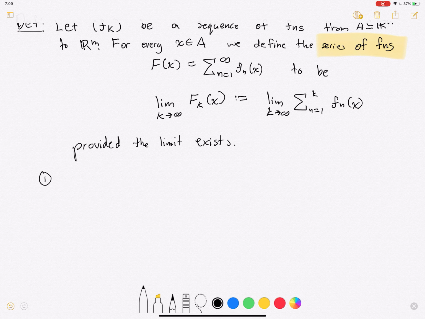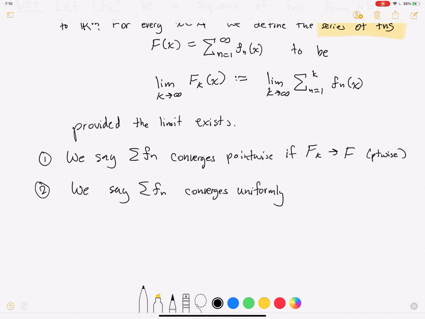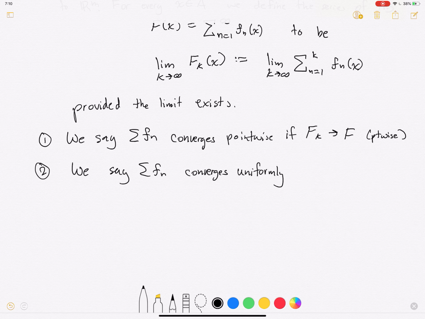Okay, and some terminology: we say this series converges pointwise if these partial sums converge pointwise, and we say it converges uniformly if the F_k's converge to F uniformly as well.